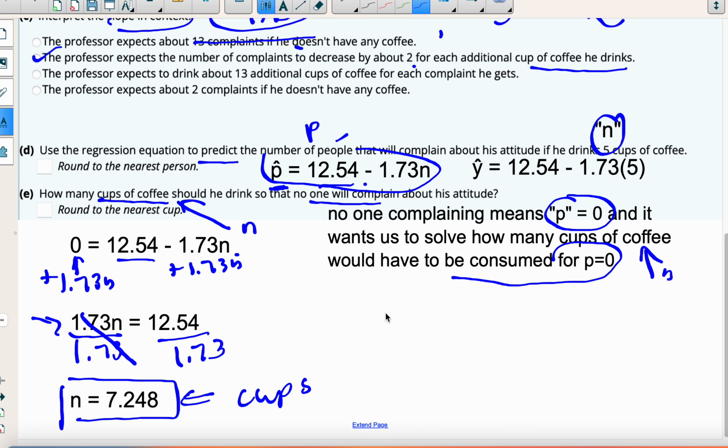It wants me to round to the nearest cup. Well, if we round that to the nearest cup, 7.2 just rounds down to 7 cups. When n equals 7, approximately, P equals 0. So it says he needs to drink about 7 cups of coffee to have 0 people complain.